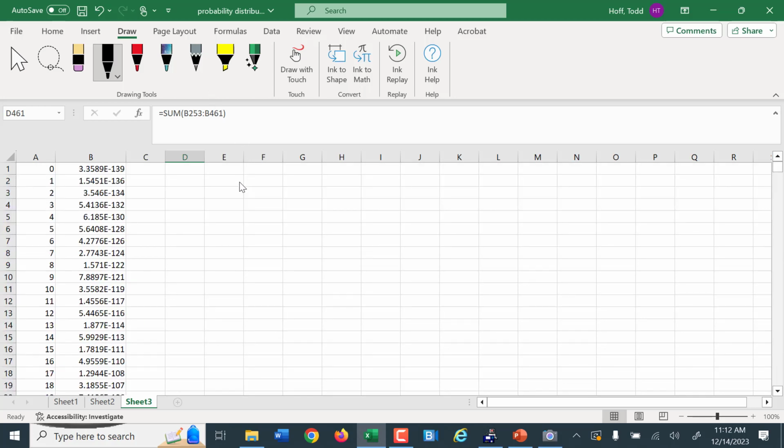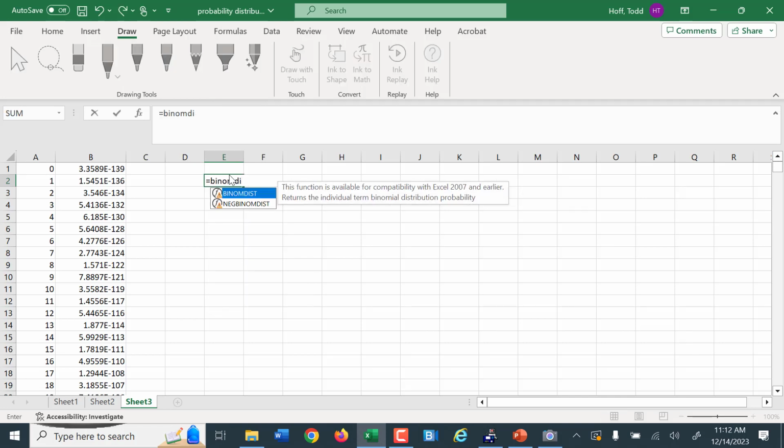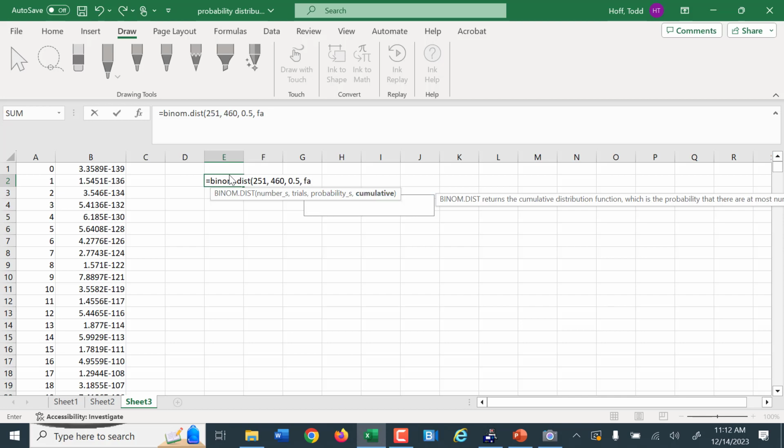So if I put in true instead of false, in this, so let's say I'm going 251 out of 460 trials with a 0.5 probability, and I'm going to put in true instead of false. So when I said false, I was saying I just want the probability of this single value.